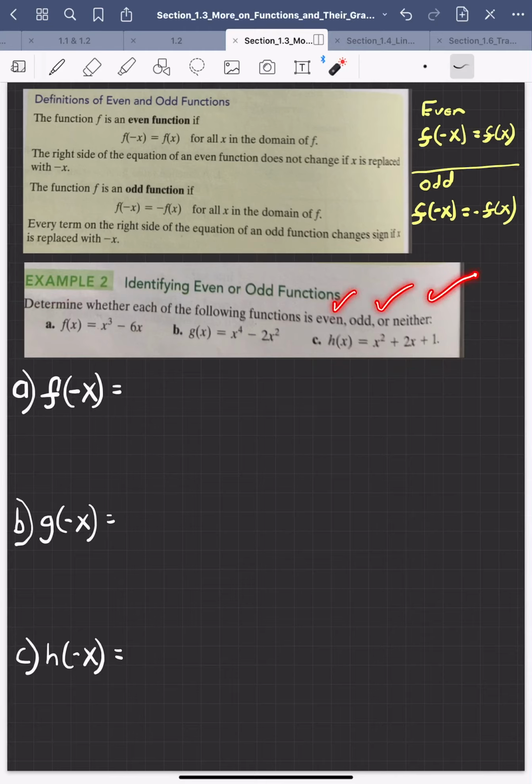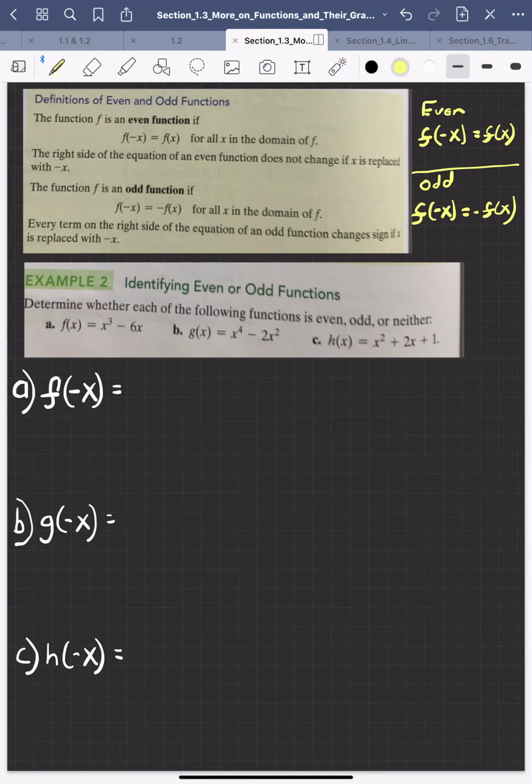If you took a guess, you have a 1 out of 3 chance of getting it right just by taking a guess. But how do we do it? So let's start with part A. We have f of x is equal to x cubed minus 6x. Ready? Let's jump right in.